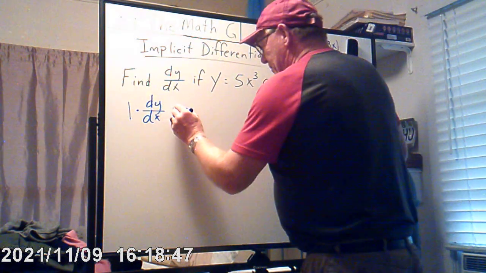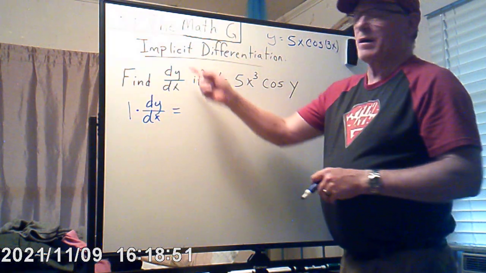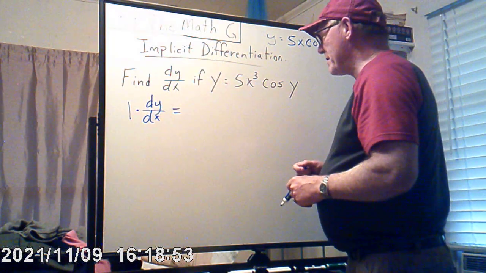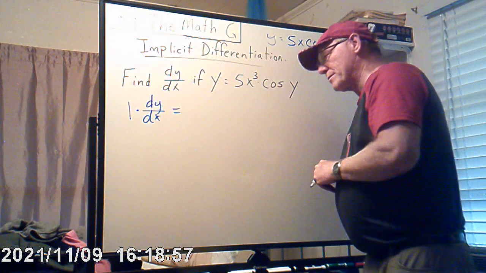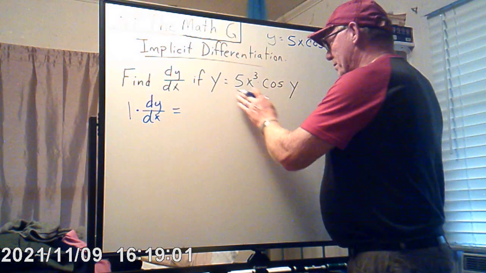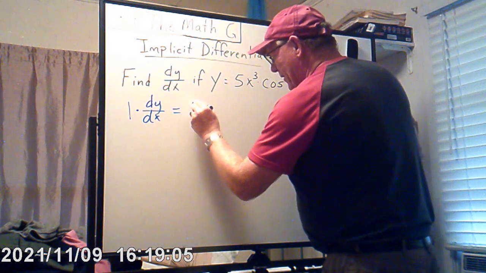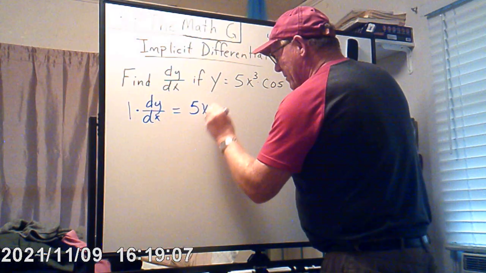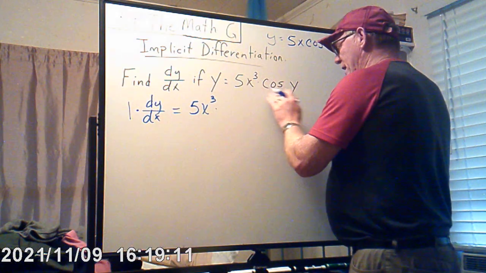If you differentiate x, you do not have to tack that dy over dx on there, only if you differentiate y. Now remember, this is a product rule, so we're going to apply that product rule to this problem here. So the first, 5x to the third times the derivative of the second.